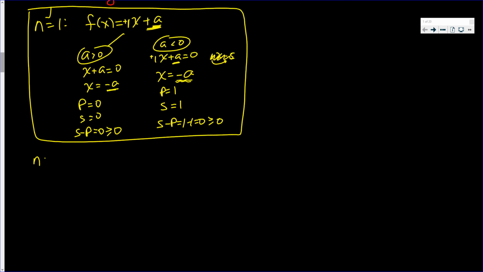Now, for n equals k, we assume that for f of x equaling 1 x to the k, of course, the leading coefficient, we want it to be 1. If it isn't 1, you divide it through, and then this theorem follows.